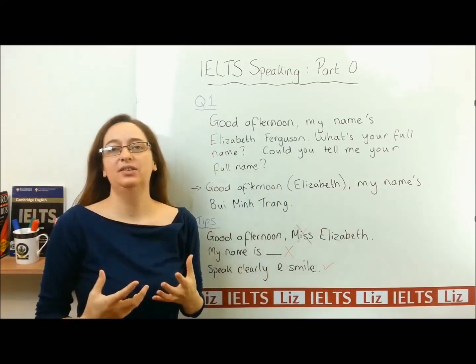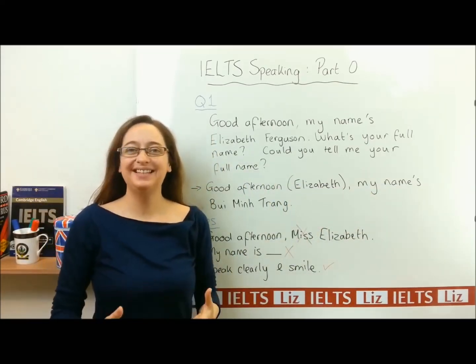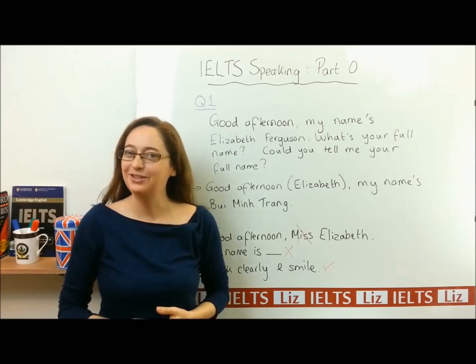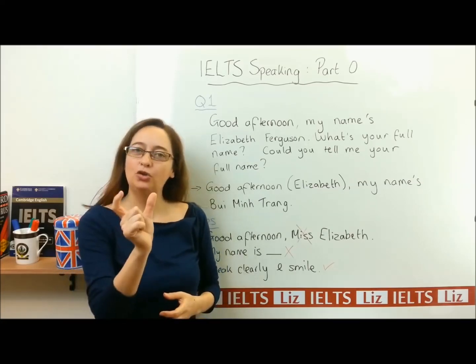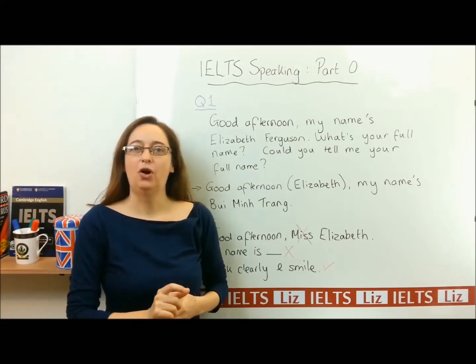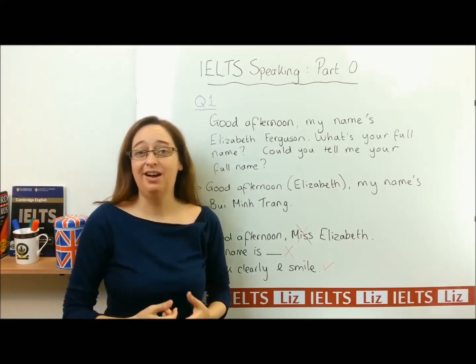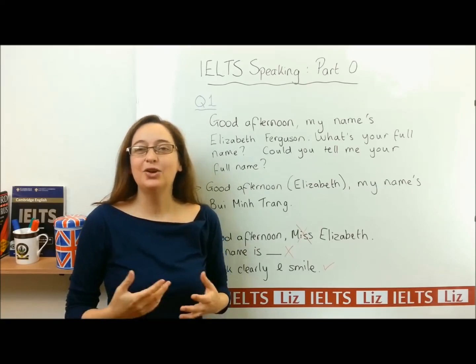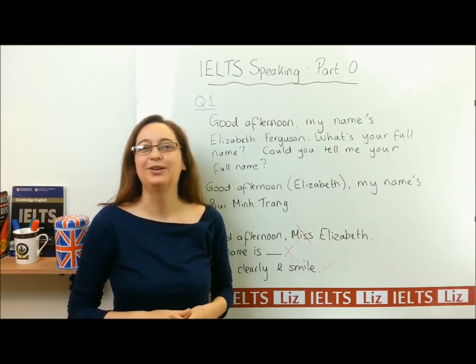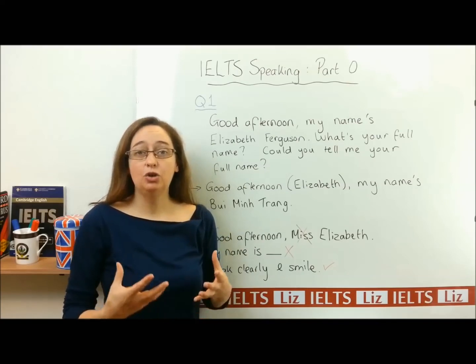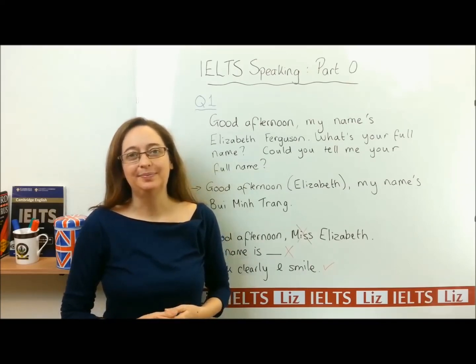Now, the reason this is important is because this is part of pronunciation. When you contract a word from is to "my name's," then this is higher level pronunciation. So remember that in the rest of your exam and try to use it as much as you can.